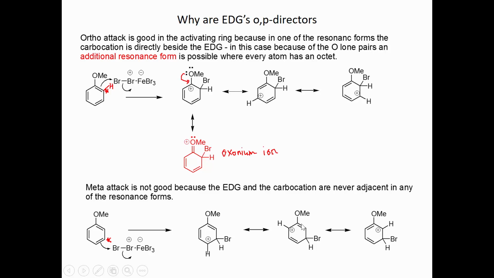But notice that when you write these last two resonance structures, you kind of just bypass the OMe group. You never have any resonance form where the positive charge is directly beside the OMe group, directly beside the electron donating group. And because we never put the positive charge really close to the electron donating group when we attack the meta position, meta attack is not as favorable for these activated ring systems.